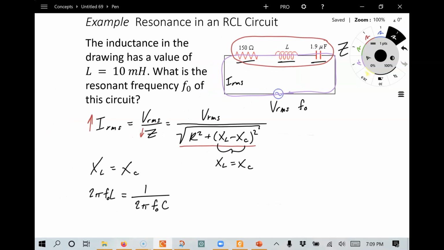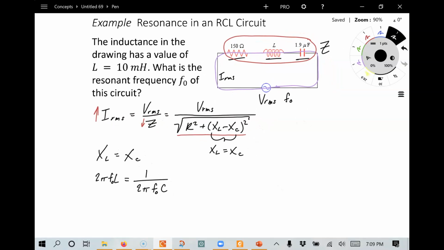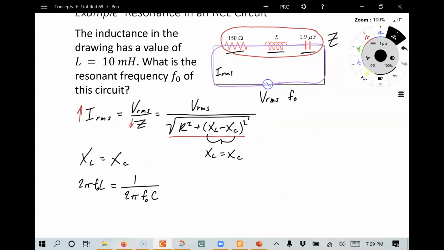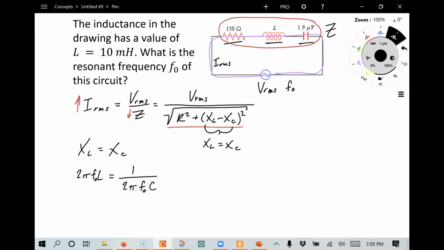Let's get a little space. So what we want to do now is get F on both sides. So let's go ahead and multiply by this term on both sides. And of course that cancels this out. And what do we get?